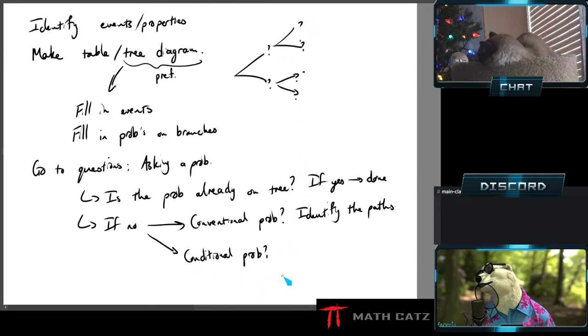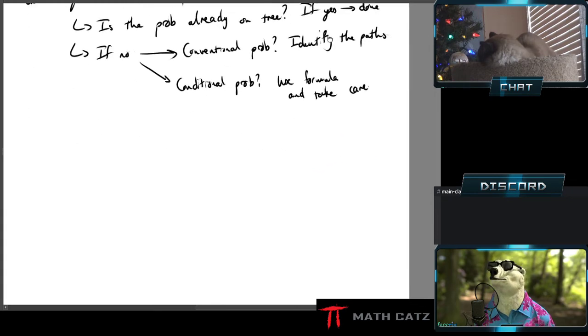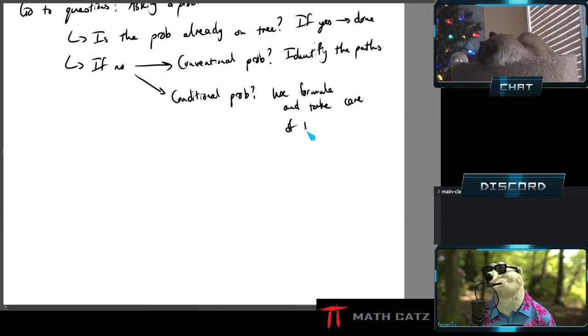If it's a conditional probability, we've already identified it's not a conventional probability on the tree, then I have to use the formula and take care of the two conventional probabilities that come out of it.